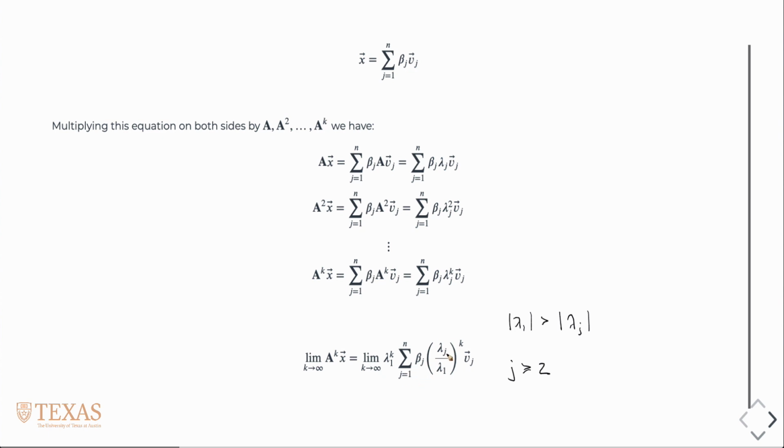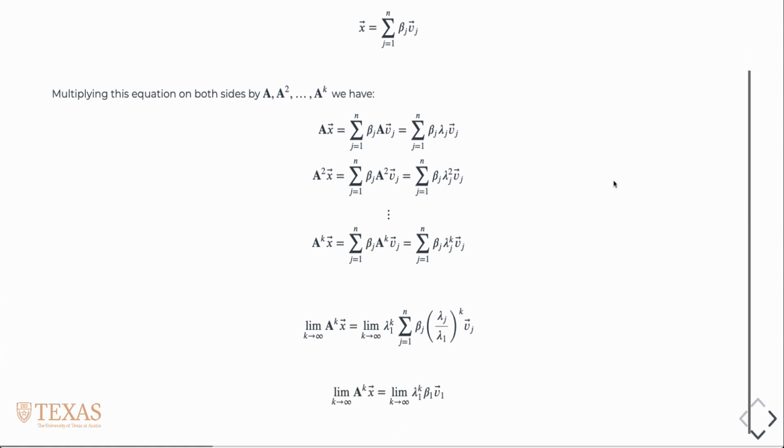But for j equal to 2 or greater, we're going to have some number that's smaller than lambda 1 divided by lambda 1. And so as we take k to a large number, this is going to converge to 0. And then all we'll be left with is this final relationship.